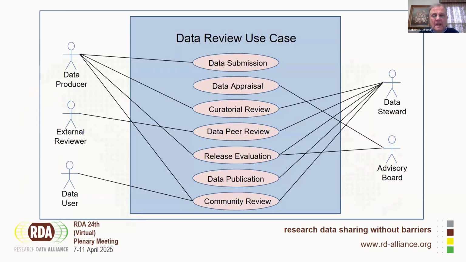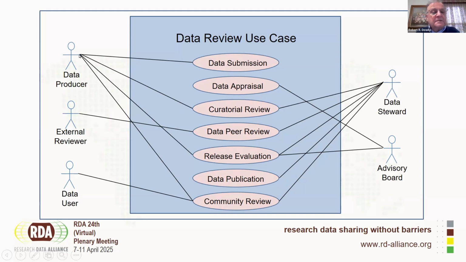And then here we have a UML use case of the data review process, which basically shows the different actors that are involved in the different parts of the data review process. And so you can see here on the left, the data producer, they're involved in data submission, and it might not be the data producer themselves.